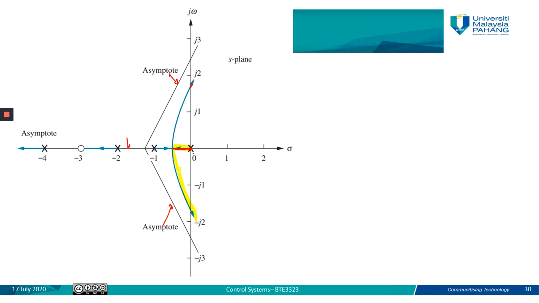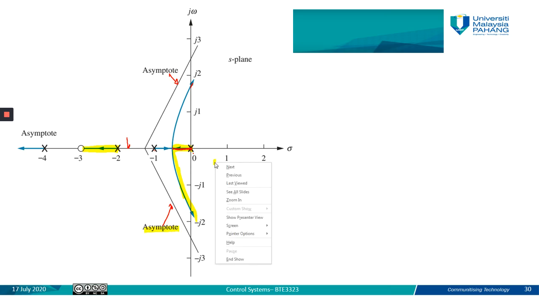We said we have 4 segments of root locus. For the first segment, we mentioned this has no change. Start from the pole, end at 0, no more change. So this is one segment. The second segment will start from 0 and go to infinity through this line in parallel with this asymptote.